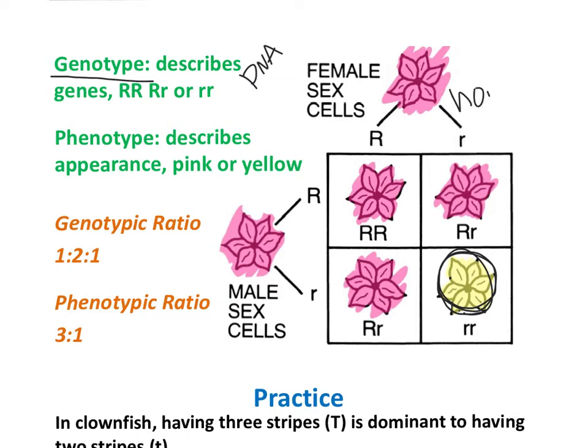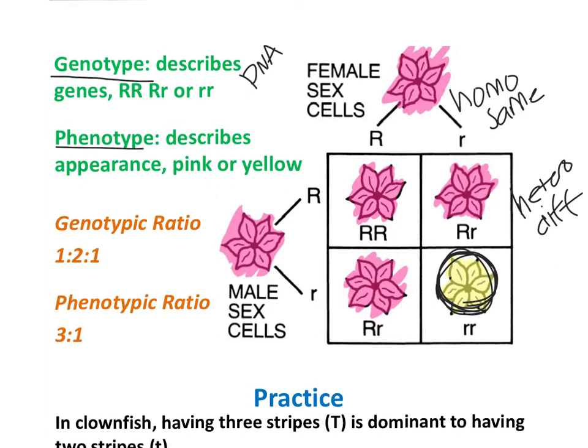To remind you, homo means the same, meaning big R, big R, or little r, little r, and hetero means different, meaning big R, little r. When I talk about the phenotype, I would be talking about what I physically see, the trait, and so again, using that same flower, its phenotype would be yellow in this case.